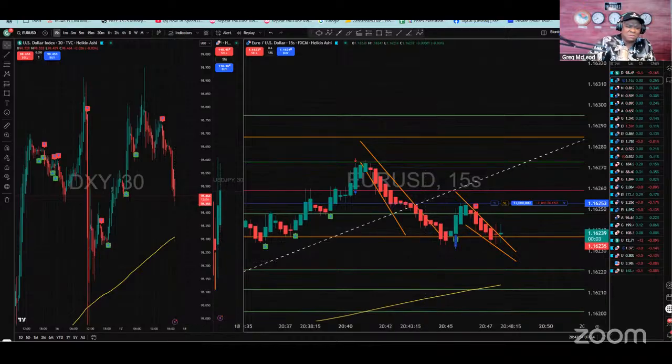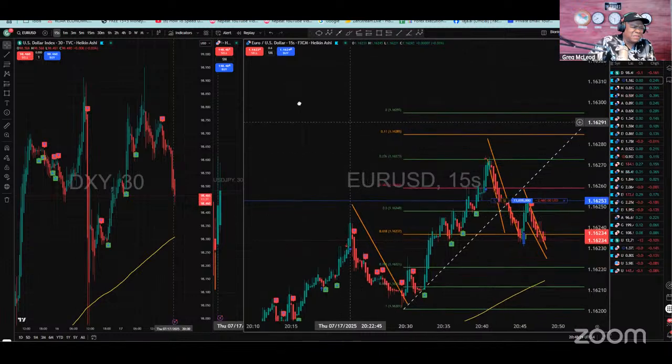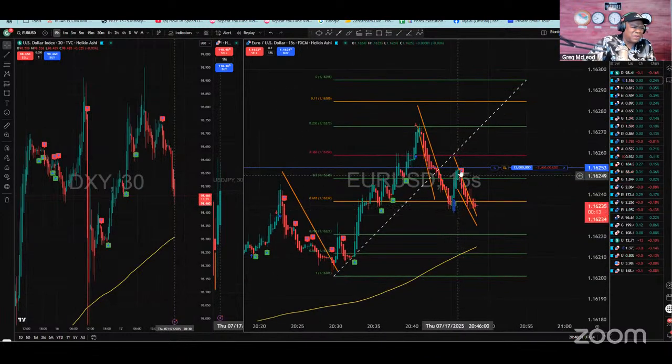The House of Pain. We're hurting right now. I had a green arrow. I was making good money, and I got a red arrow. I got a double bottom here.